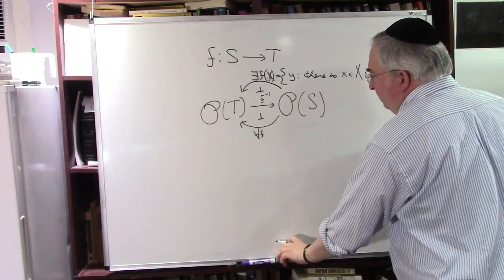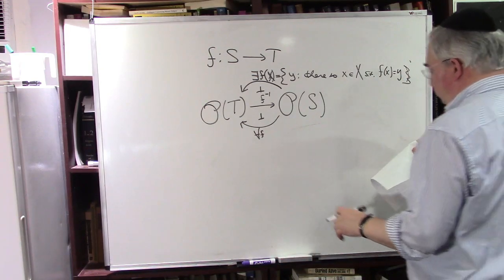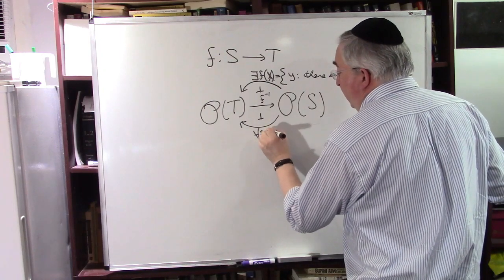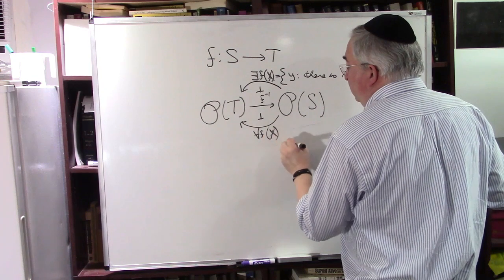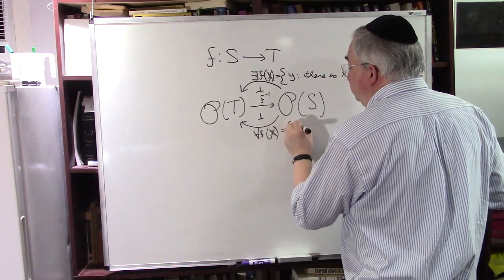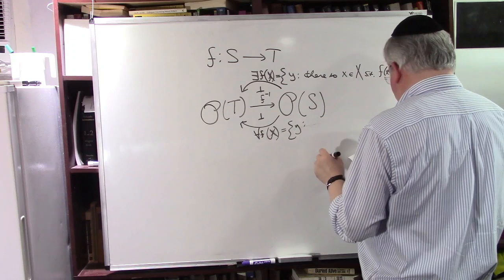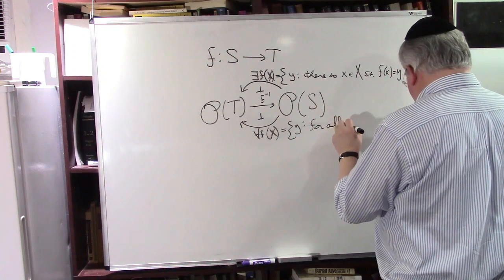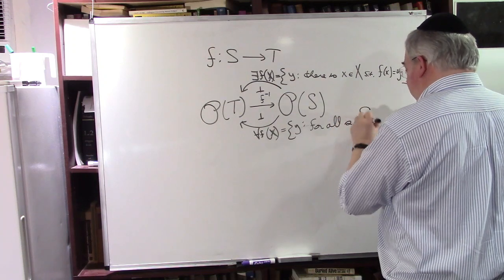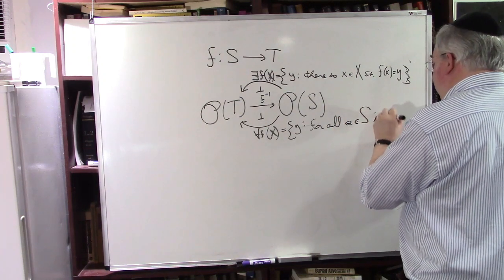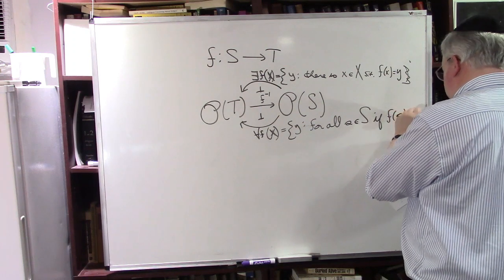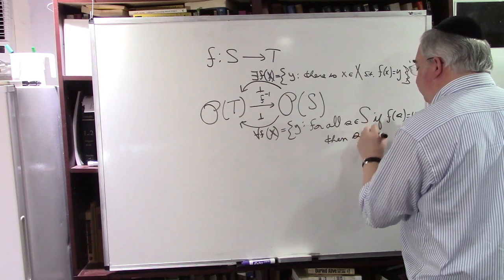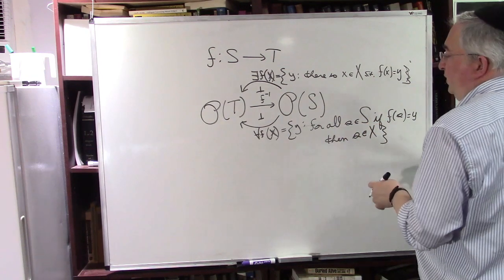This one's a little bit more mysterious. So this is equal to, I'm sorry, for all f of x, that's a capital X, this is equal to those y such that, for all s a member of S, if f of s is equal to y, then s is a member of X. Okay, so let's just say what this says.